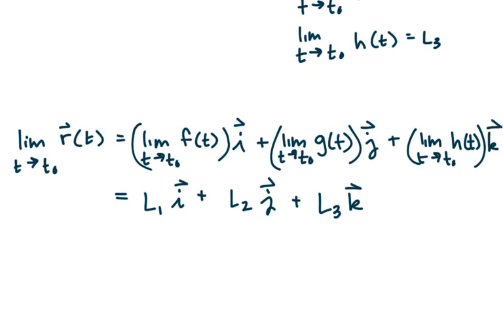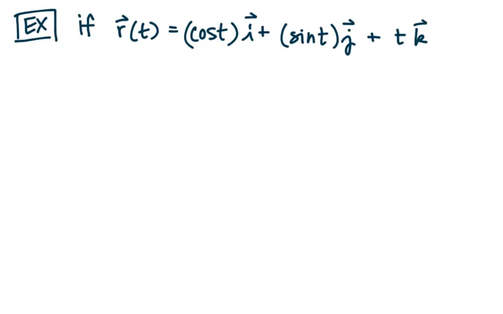So for example, if we have this vector valued function with each of these three parametric components, if I said, well, what is the limit as t approaches pi over 4 of r of t? Well, that would just be the limit of each of these pieces. And essentially, in this case, it would just be evaluating each of those.